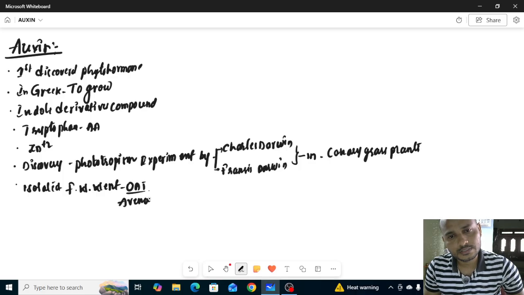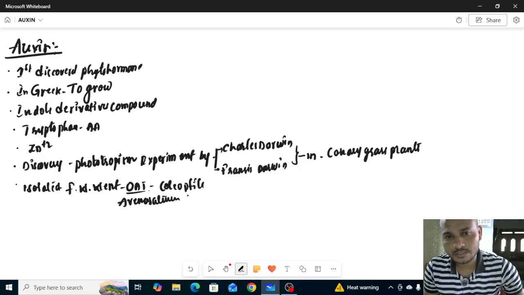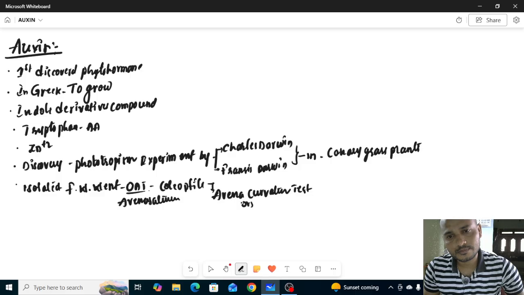In the oat plant, there is one structure called coleoptile, a protective sheath around the root apex or limb, from which he isolated auxin, and he performed a test, that is the Avena curvature test, also called the bioassay test.